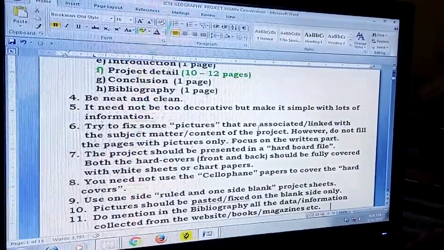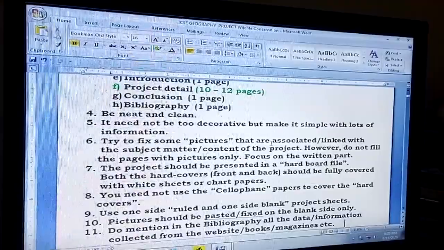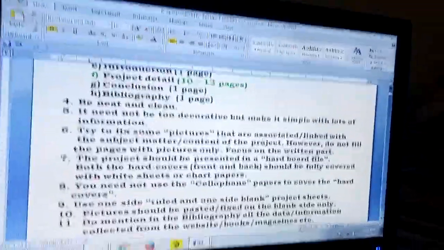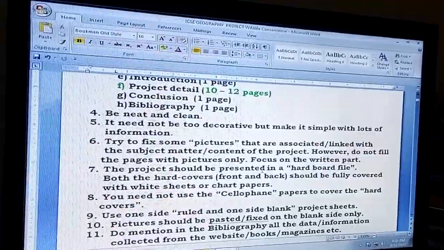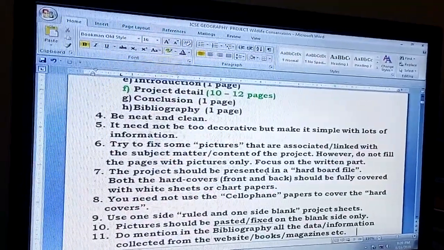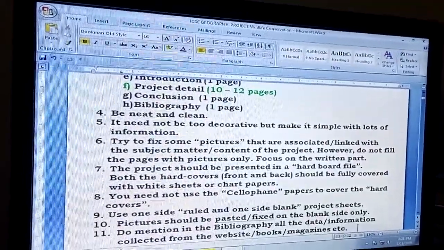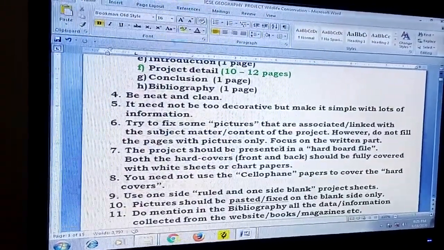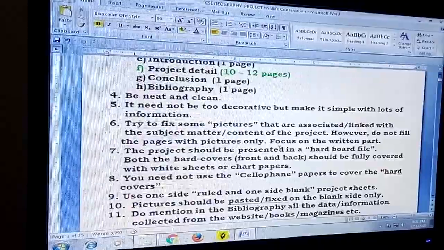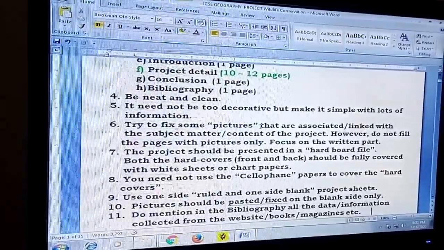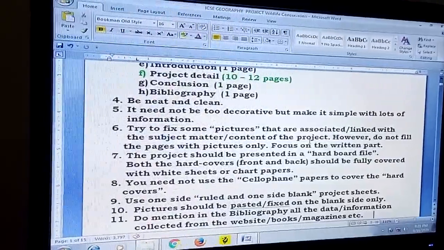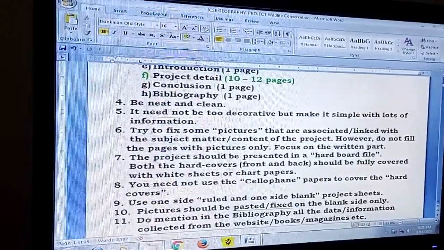Keep your eyes open for wherever you can get your resources, but fix only pictures which are associated with your topic, not something else. Even if a picture is very nice and elegant, it should be related, linked to your subject matter.